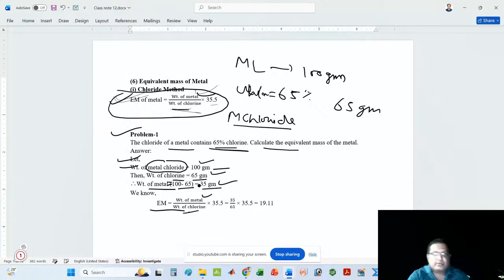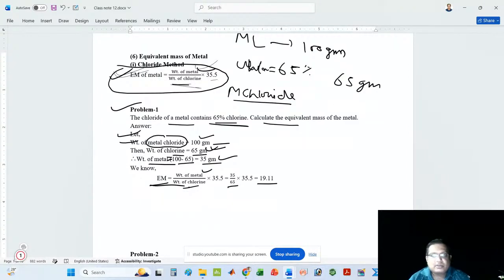Weight of chlorine is 65 gram. Then I can write equivalent mass is equal to 35 divided by 65, into 35.5. After calculation, it is seen that the equivalent mass of the metal is 19.11. This is problem number 1.